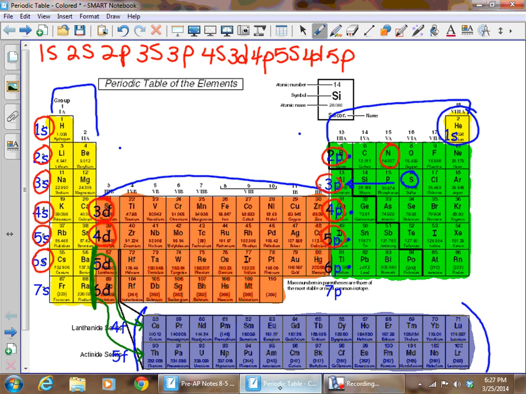6s. Notice what happens after 6s. I drew that green line with an arrow down to the 4f. So it's going to pick up the 4f. And after the 4f, we're now going to pop back up and pick up the 5d.